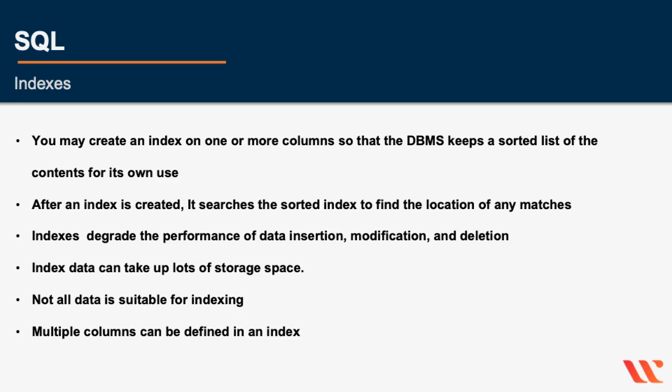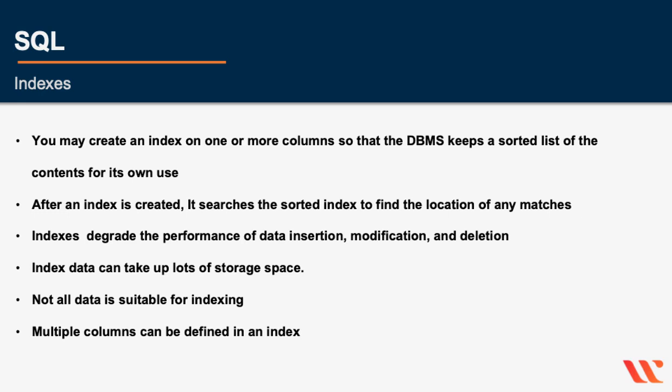In addition to the primary key, you can create an index on one or more other regular columns in the database system. After an index is created, it will search and sort that index to find the locations of all the matches. You can think of it as a mapping.